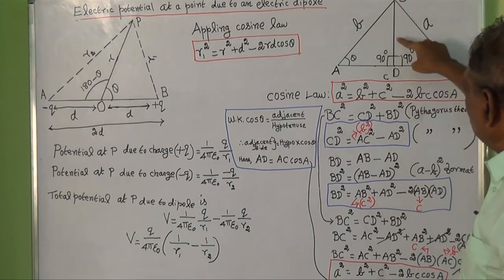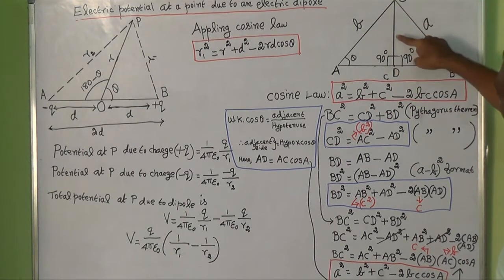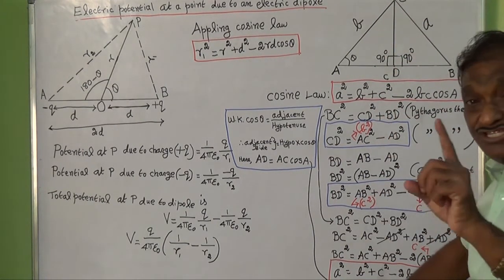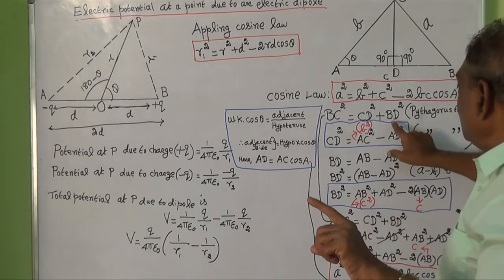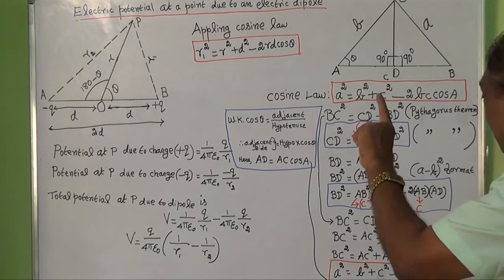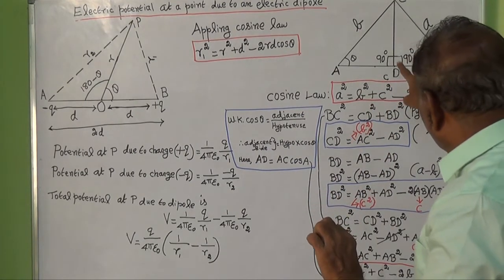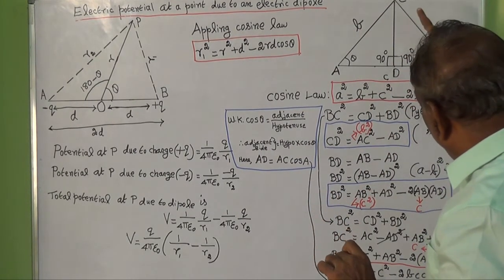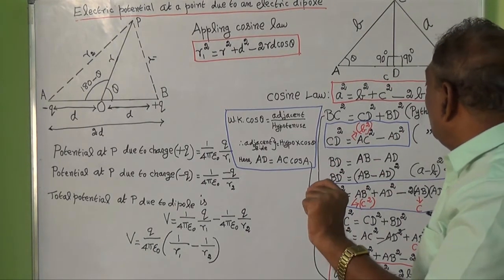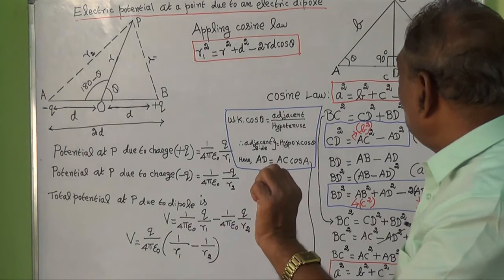What is the opposite side square? The opposite side square is CD square plus the adjacent side square. What is the adjacent side square? The adjacent side square is BD square. Now we have got the BC square in respect of CD square plus BD square.